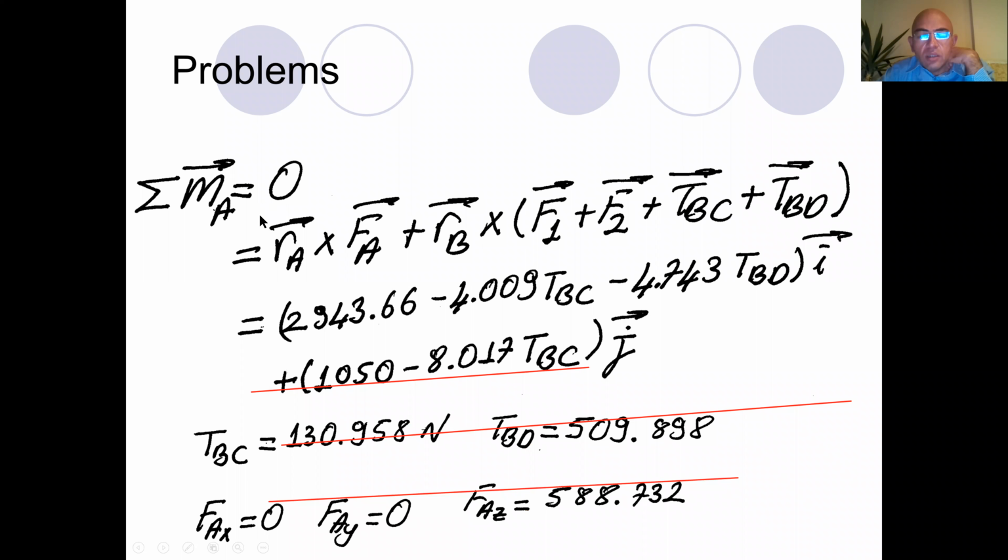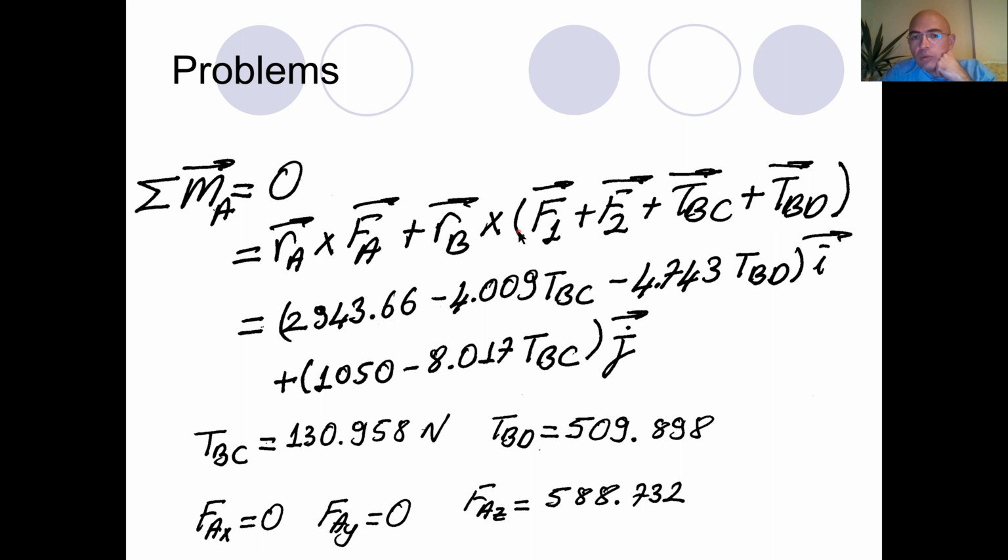Now, let's proceed. Certainly, the second equilibrium condition is that the sum of the moments with respect to any point has to be equal to 0. This means that RA vector product FA plus RB vector product F1 plus F2 plus TBC plus TBD has to be equal to 0.